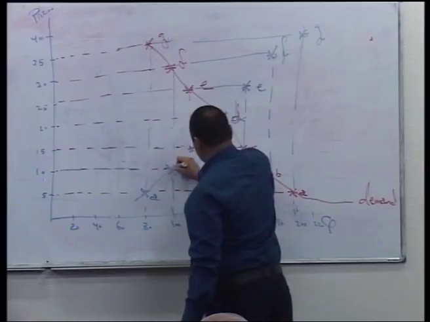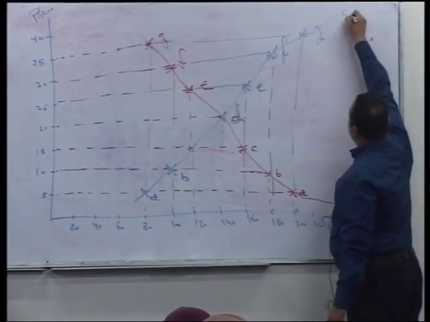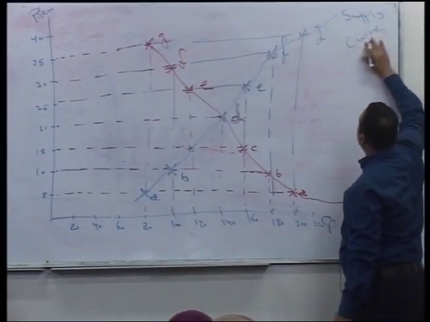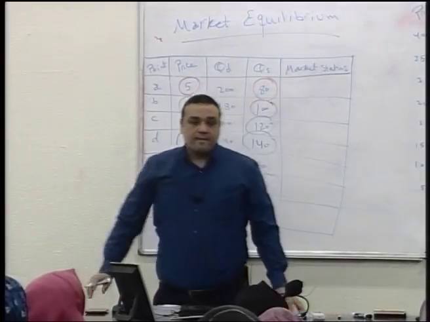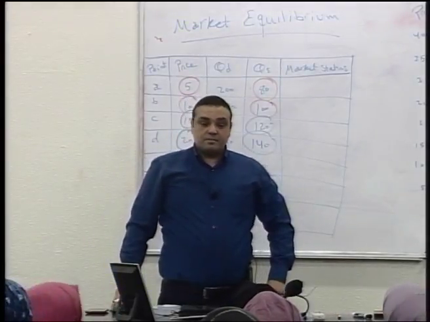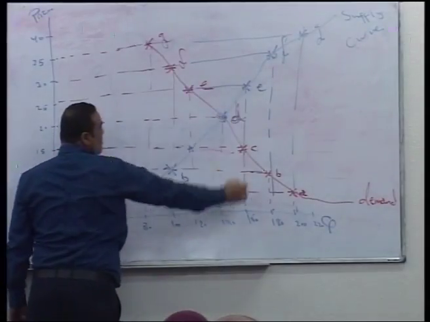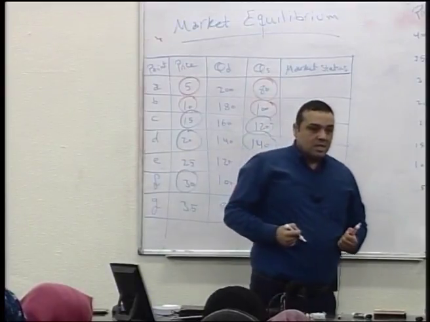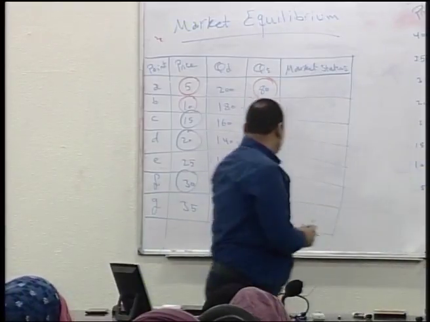Let's connect these points here. This is the supply. Careful. This point at D here, the consumer desires to buy the product at D here.